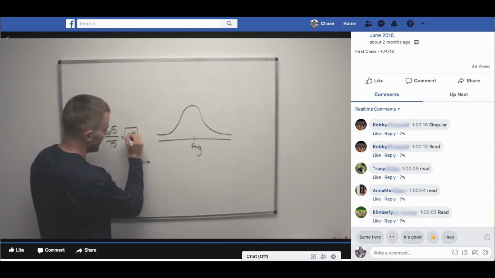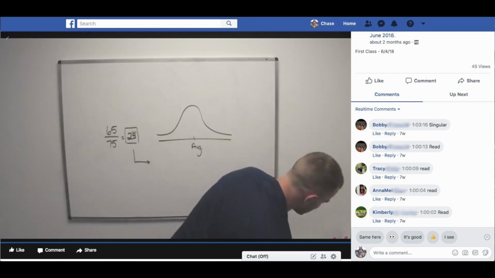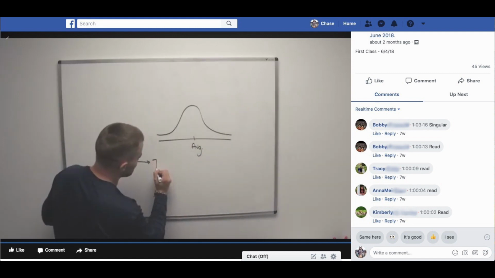If you're at a 25 right now, that's horrible, right? Just a second, I can ballpark it. A 25 is right around the 78th percentile.